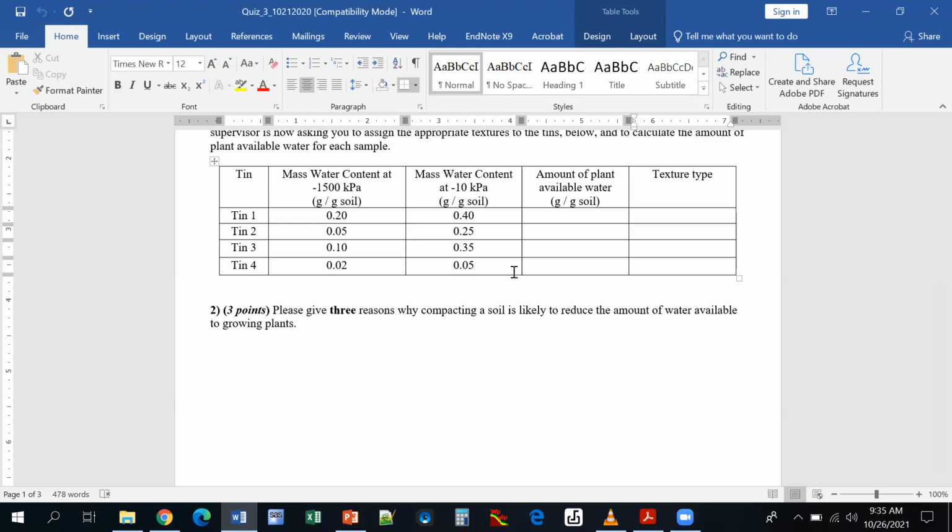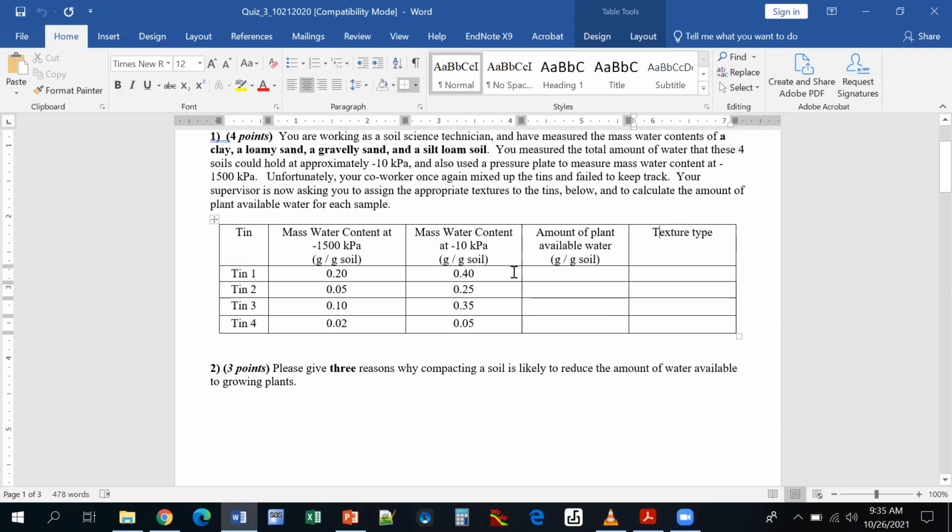But to ascribe these to different texture classes, you could really do that by just looking at these for the most part, or at least looking at the ceiling and the basement values. So we see a pretty big range in the amount of water that these different soils can hold against the forces of 1500 kilopascals or 10 kilopascals. And knowing that, we have a clay, a loamy sand, a gravelly sand, and a loam.